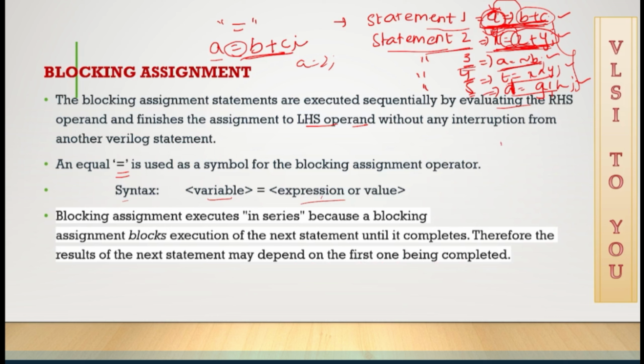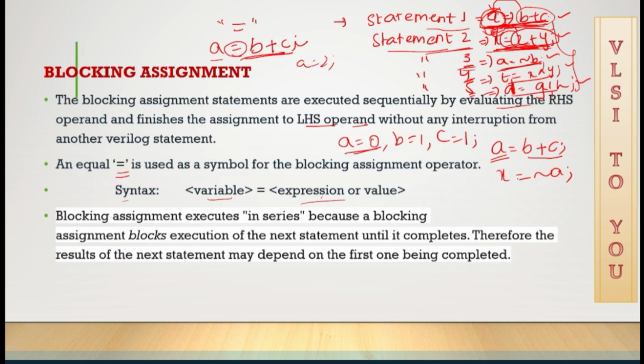What does this mean? For example, here I am taking A equal to B plus C, and then the next expression is x equal to negation of A. At the starting time I have taken A equal to 0, B equal to 1, C equal to 1. Now the A value is 0 at this particular time.